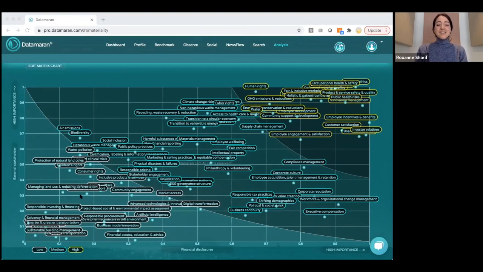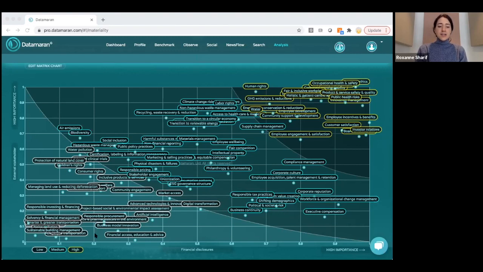It is a bit crowded, a bit busy, but this is just to give you an idea of the scope of topics which are included in a typical materiality assessment. Our clients will cluster the issues and categorize them based on their unique approach, their culture, and again, objectives in terms of managing these topics and disclosing on these topics.